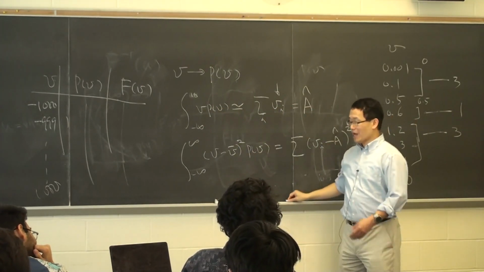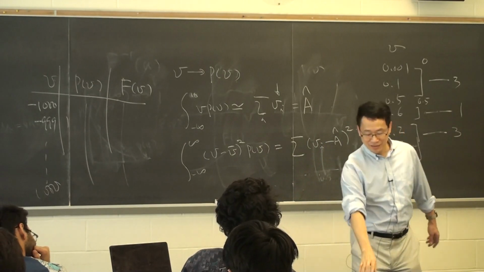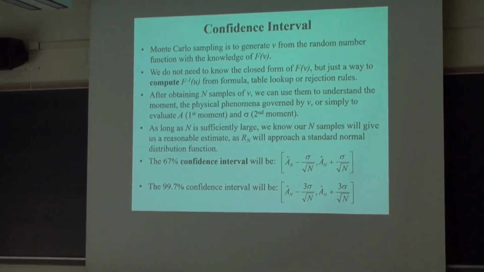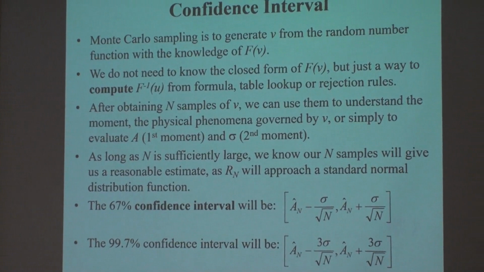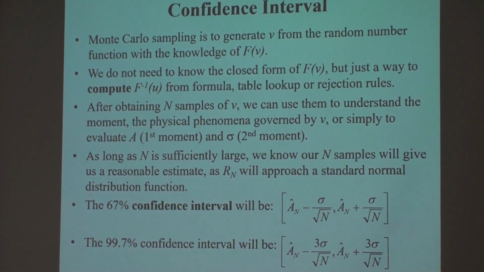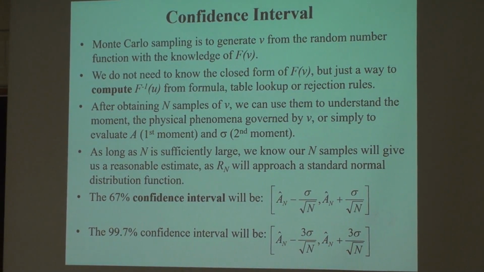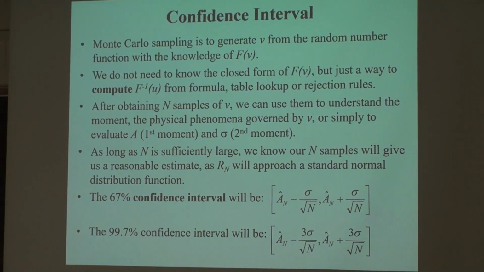How good your estimate is, is described by the confidence interval. When the number is large, I know the bias, as defined previously, which is the average of the generated random variables minus the true average, which we don't know, follows a normal distribution eventually when I have enough samples.